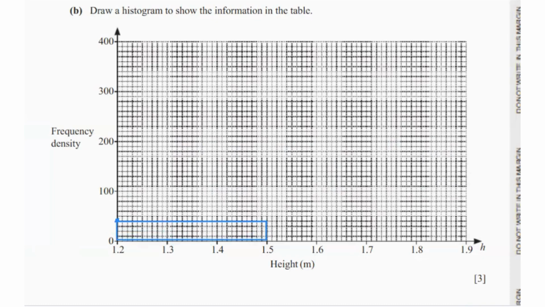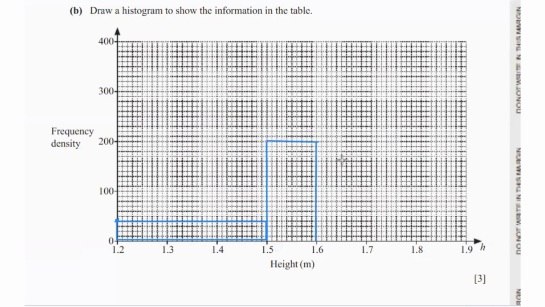Then it's 200. That is your bar for 1.5 to 1.6.